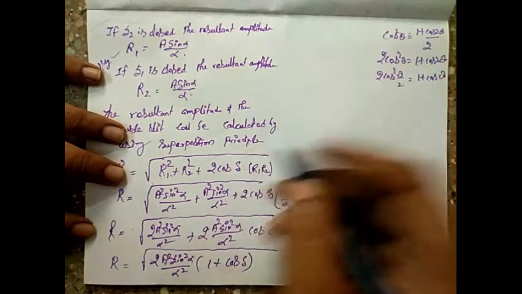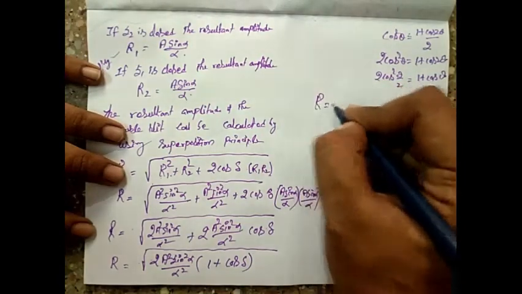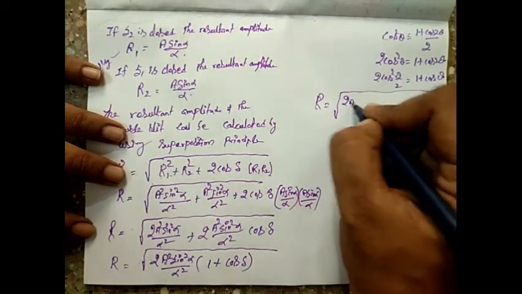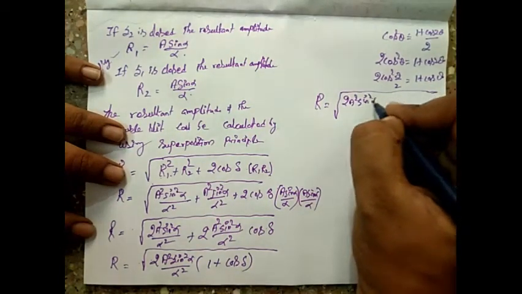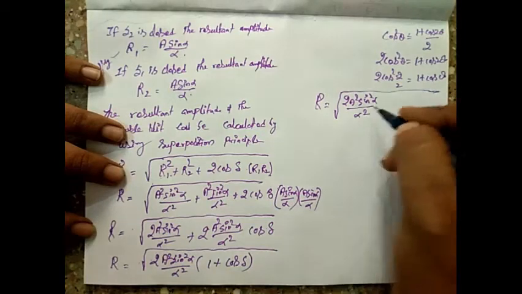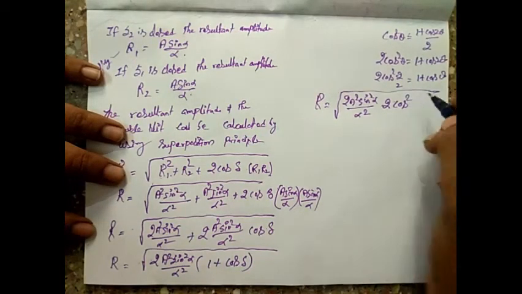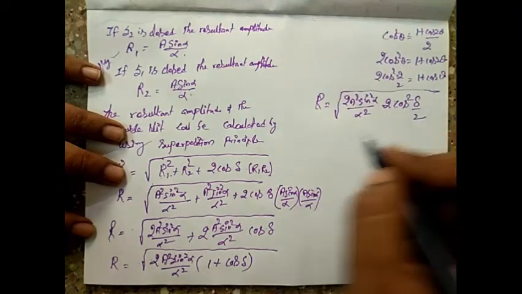So if you substitute this value, the resultant amplitude R can be written as root of 2A square sin square alpha by alpha square into 2 cos square delta by 2.